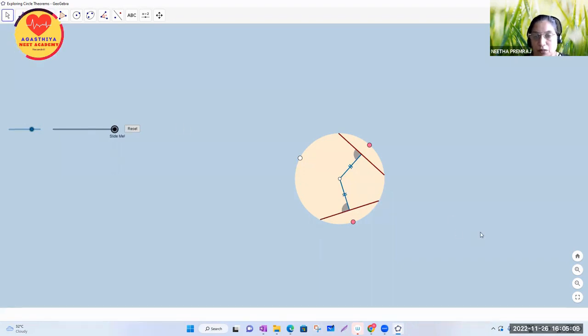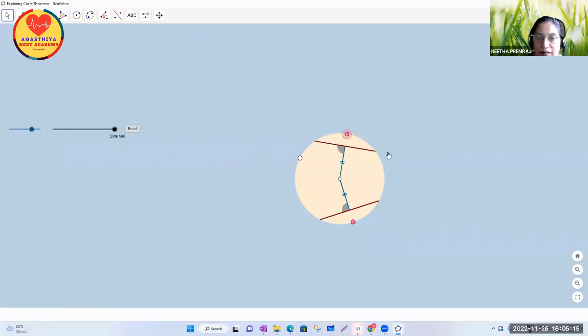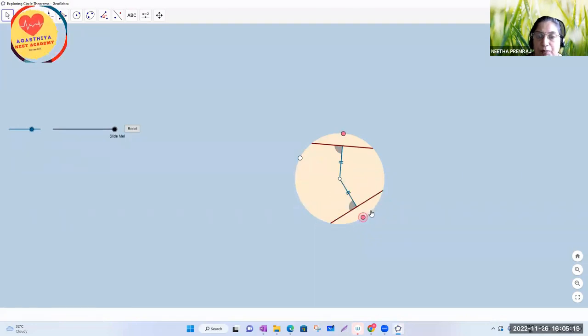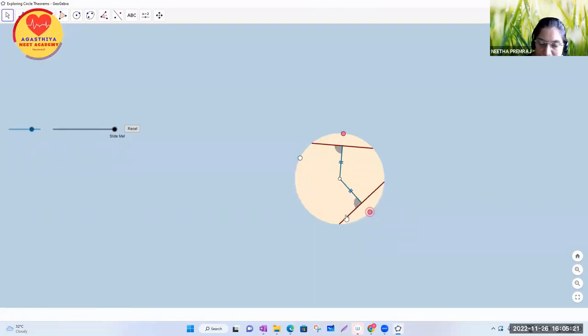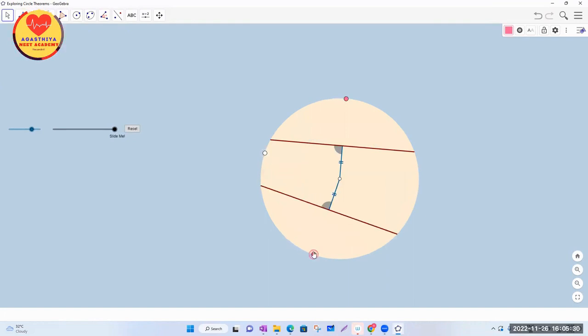You understood? The chords are of equal length, then the perpendicular distance from the chord to the center is also equal. Yes, guys? Now you understood? Very good.